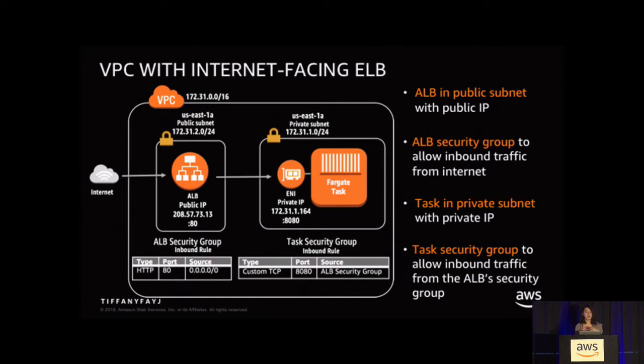Then you could create the security group, and with that security group, you can say I want to be able to have access from port 80 if I am using something like a web server. And then you would have your tasks actually running in the private subnet. You can make it so that the load balancer can get traffic from that security group, so that you don't have everything accessible to everyone on the internet, but just the things that you want to share.